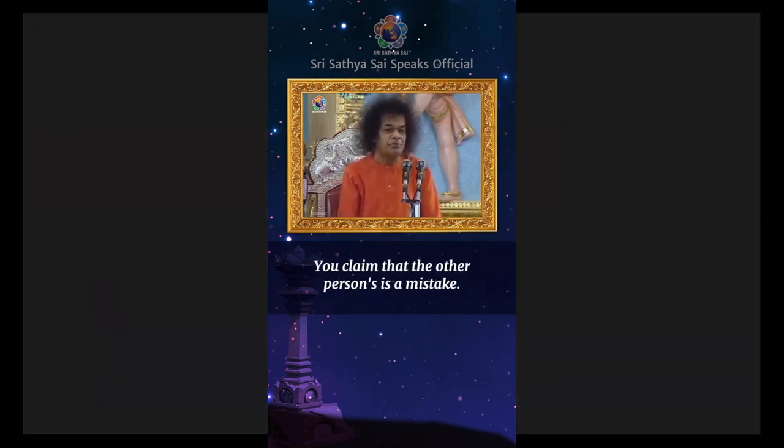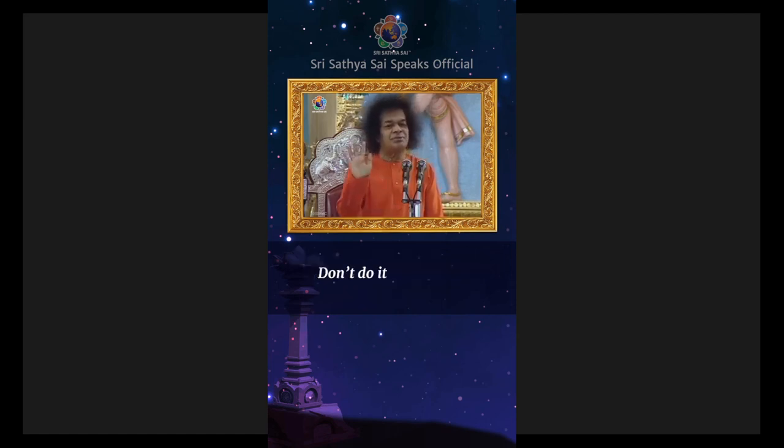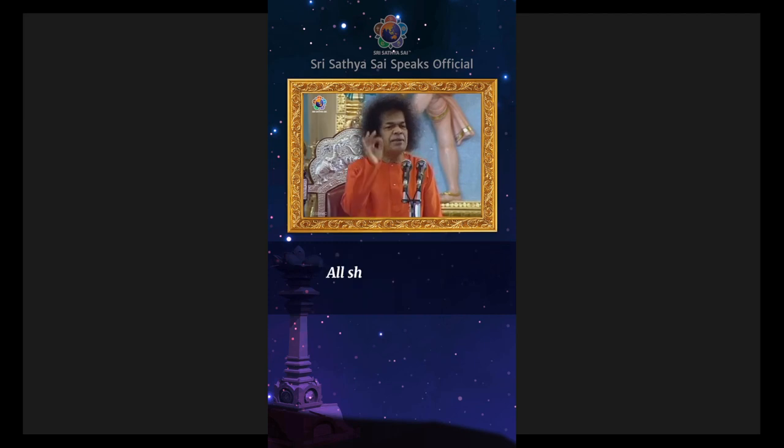You say that the other person's act is a mistake. If you commit the same thing, you will be committing an offense. You should not do it. Let them do in their own way. Don't harm anybody. Wish for the well-being of all. That's our daily prayer. Loka samastha sukhino bhavantu. All should be happy. When all are happy, you can be happy.